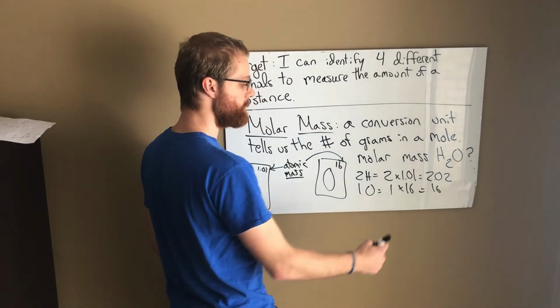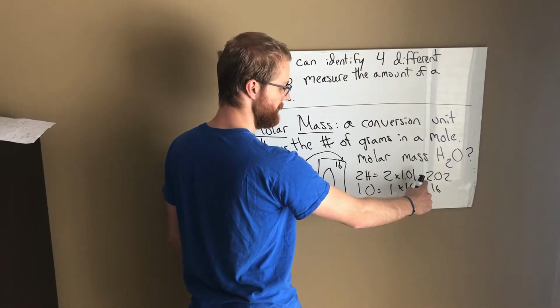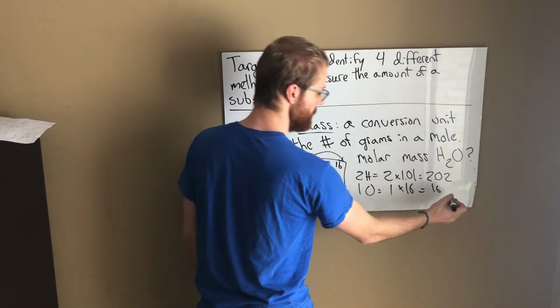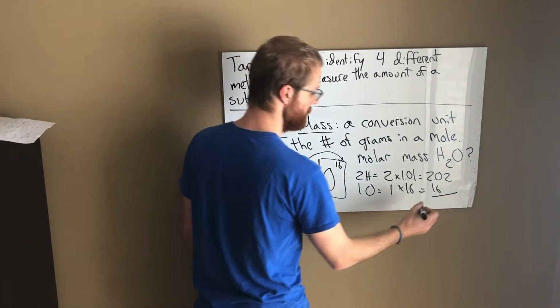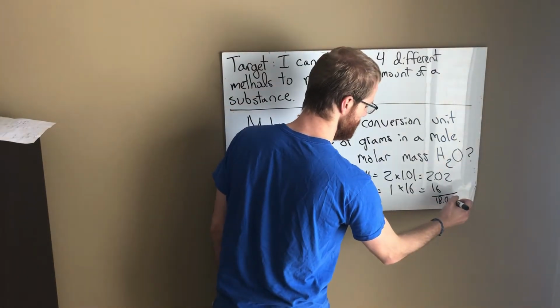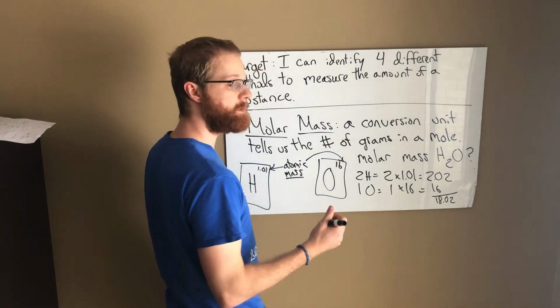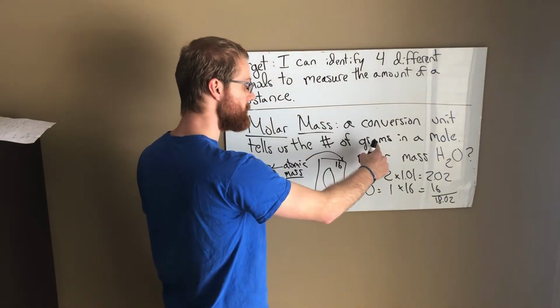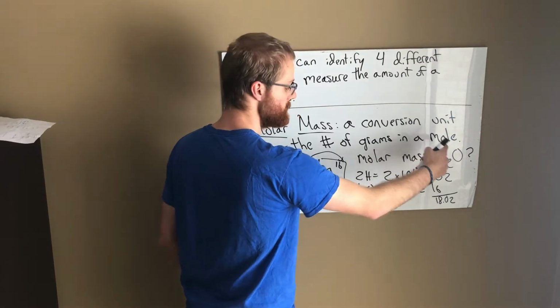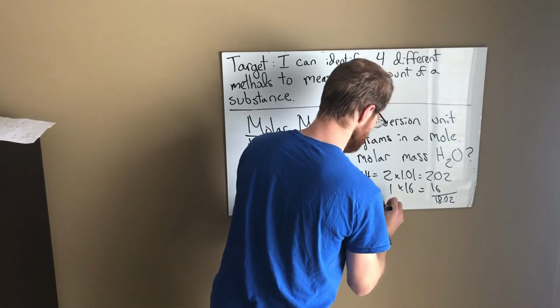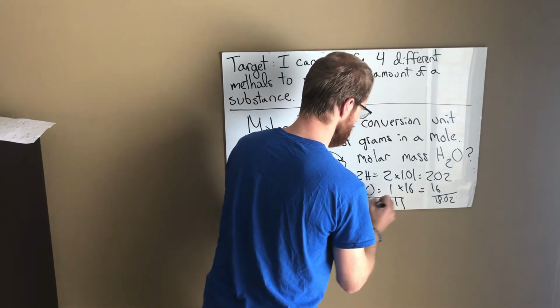So then what we're going to do is we're going to take the total mass of all the hydrogen in water and the mass of the oxygen, add it together, and that's going to give us the molar mass of H2O. The last thing that I'll mention is that it's the number of grams in a mole. So our units are going to be, here I'll write it over here so that you can see it's a little bigger, grams per mole.